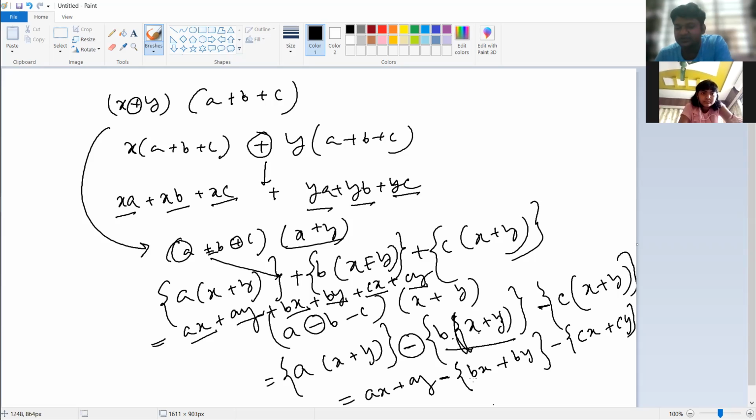But there is a minus also, and this minus will affect the total term. So this minus comes over here and makes this plus bx into minus bx, and this plus by into minus by.